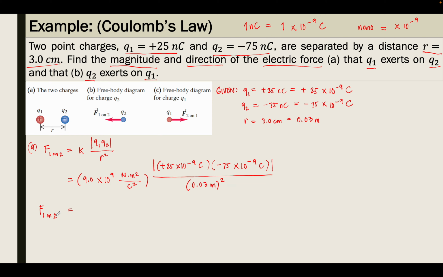So we have 9 times 10 to the power of positive 9, and then multiply it with 25 times 10 to the power of negative 9 times negative 75 times 10 to the power of negative 9, then divided by 0.03 quantity squared.